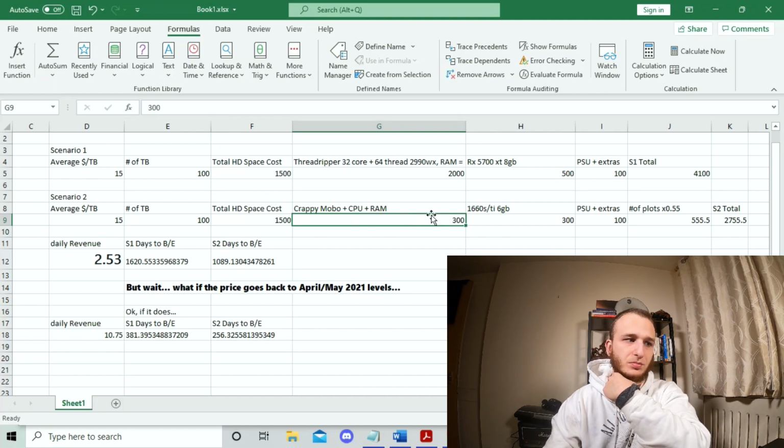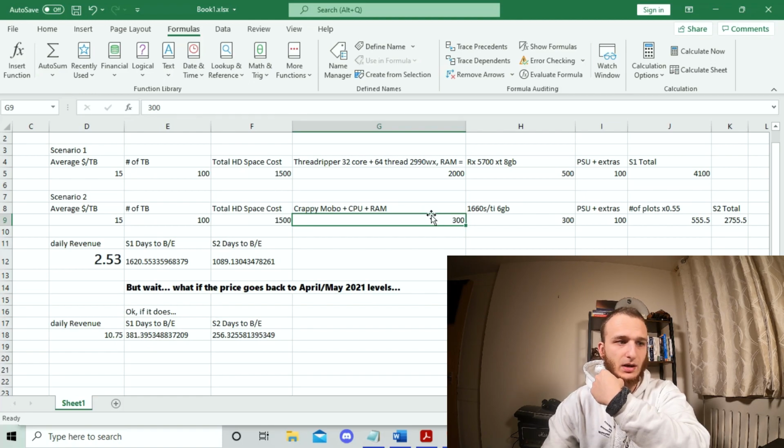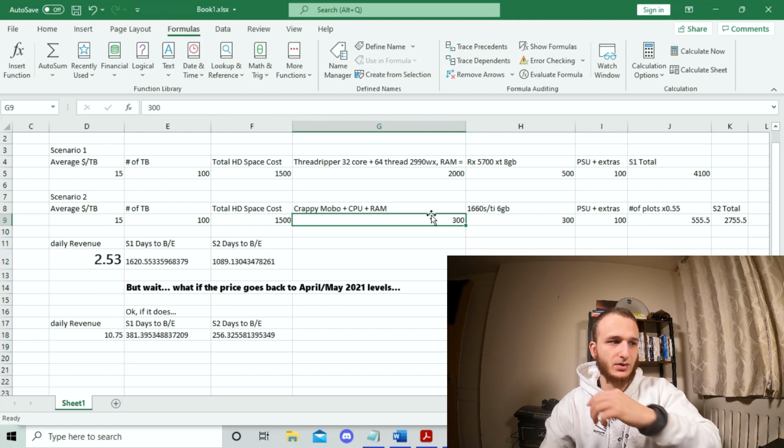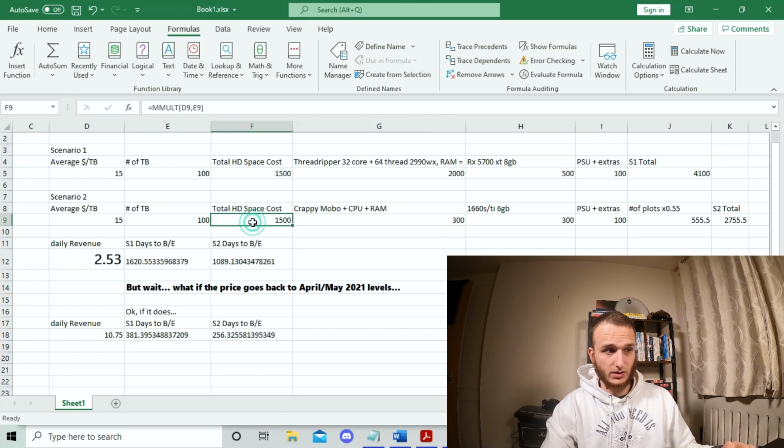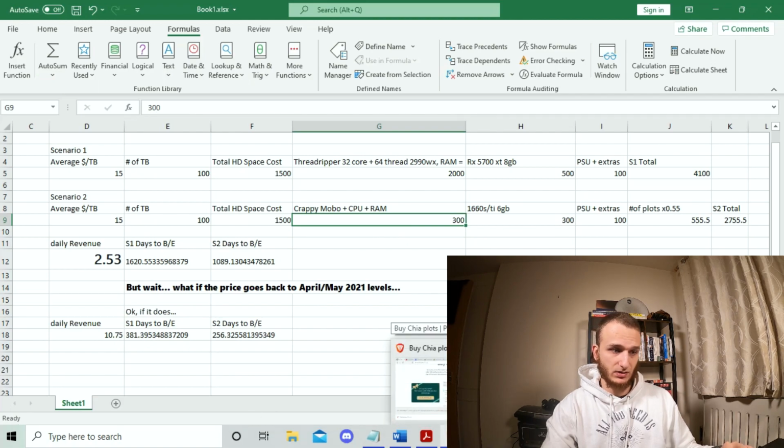You will not be able to plot that many Chia plots at a fast enough rate, and so you'll spend, I don't know, a month or two just plotting, and you still won't have all your plots up. You'll still be earning an income, but you won't be earning that much Chia, like the full calculated amount that we just did before.